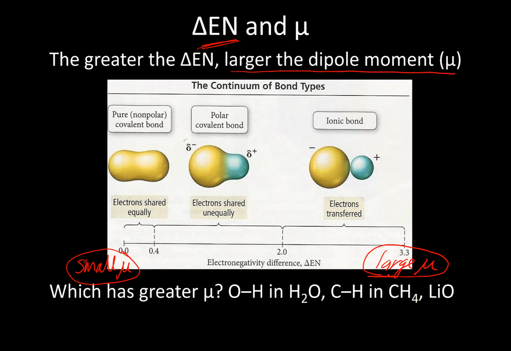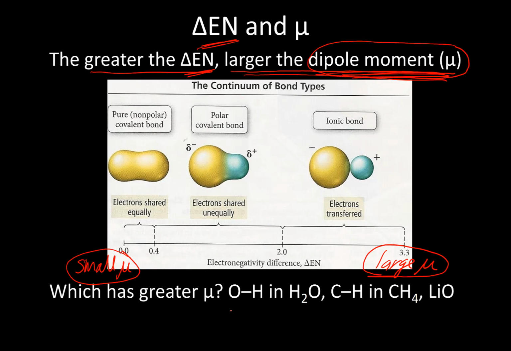All you need to know is the correlation here. The greater the electronegativity difference, the larger the dipole moment. Dipole moment is about charge separation. So the greater the electronegativity difference, the larger the charge separation, because you have one element involved in the bond that's pulling the electrons closer to it, so the charges are separated a little bit more.